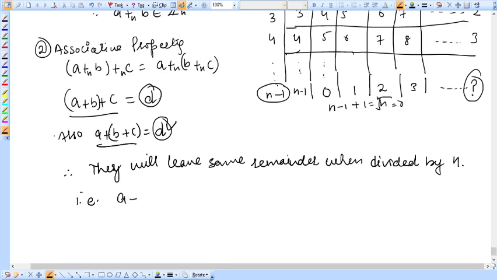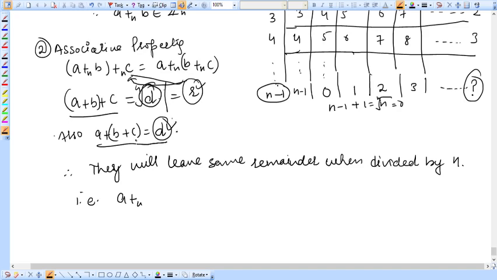This is equal to d. So when I am dividing d by n, let us assume that the remainder is r. So this is the value of this thing, right? Also you see, this addition is also equal to d.